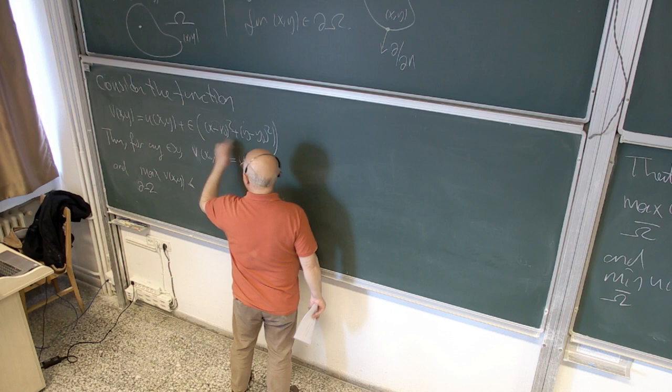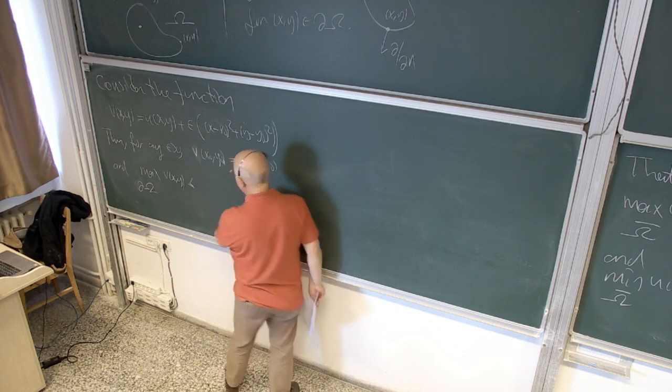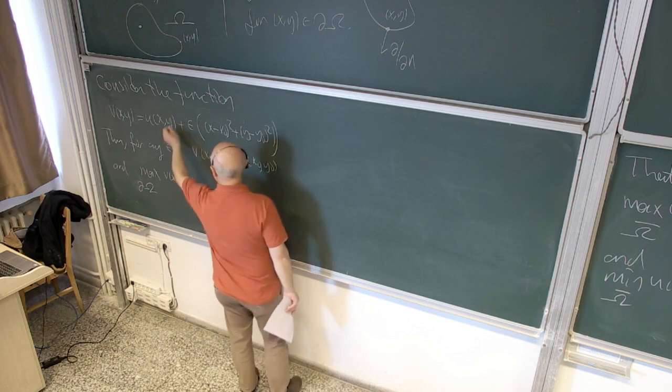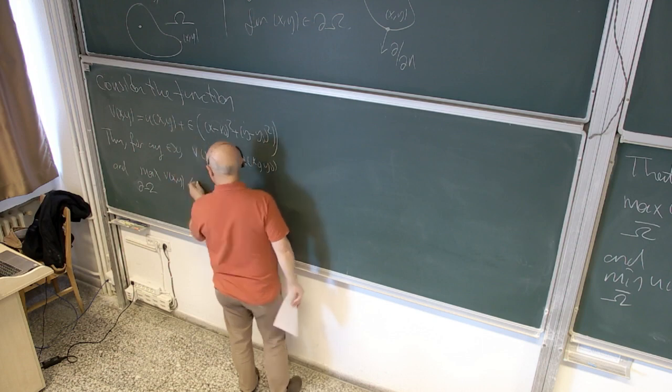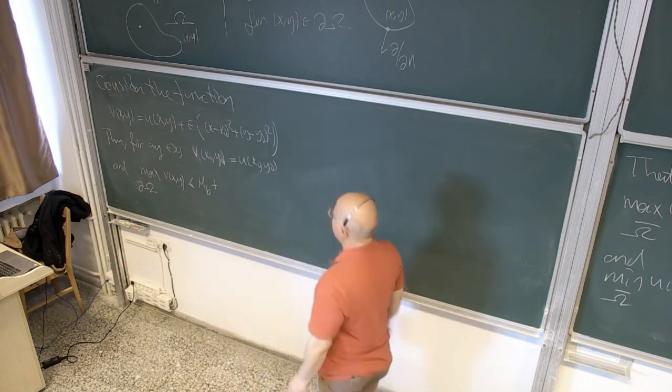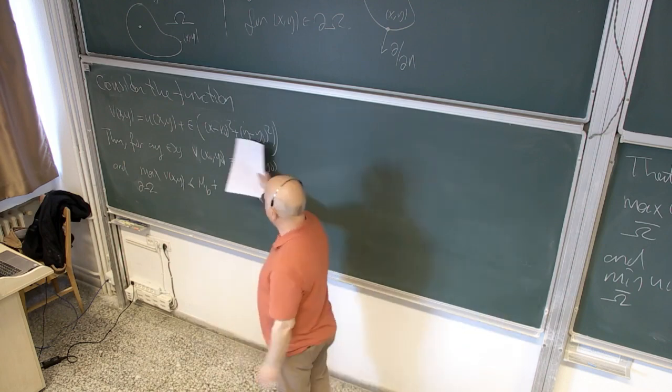The maximum value of this function at the boundary will be less than the maximum value of u on the boundary, which is mb, plus the maximum value of the added term on the boundary.